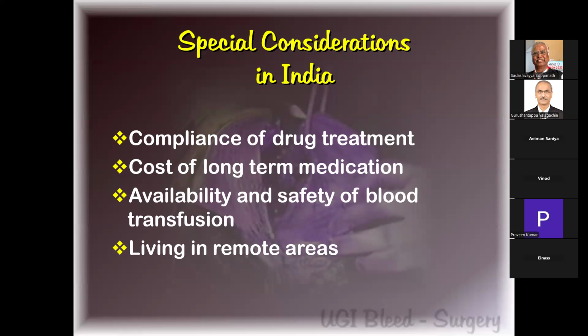And so if you do not have good blood banking facility and you can't get blood, that may become a fatal bleeding episode for them. And they live in remote areas, in the village where it takes a day for them to reach a center or half a day. And these are the things that you have to individualize and factor in before you recommend surgery.